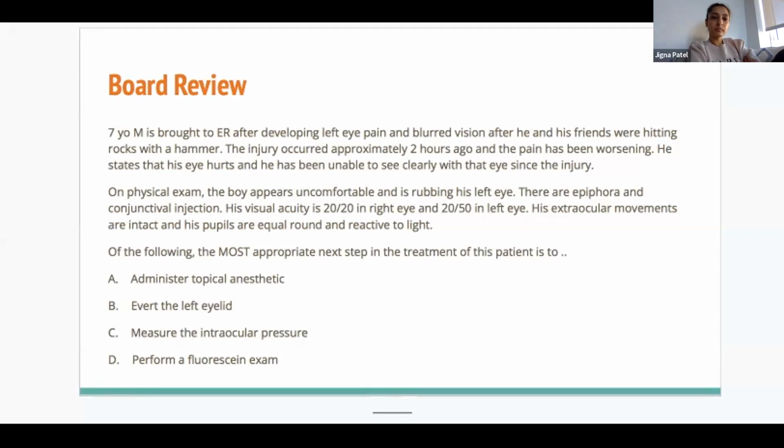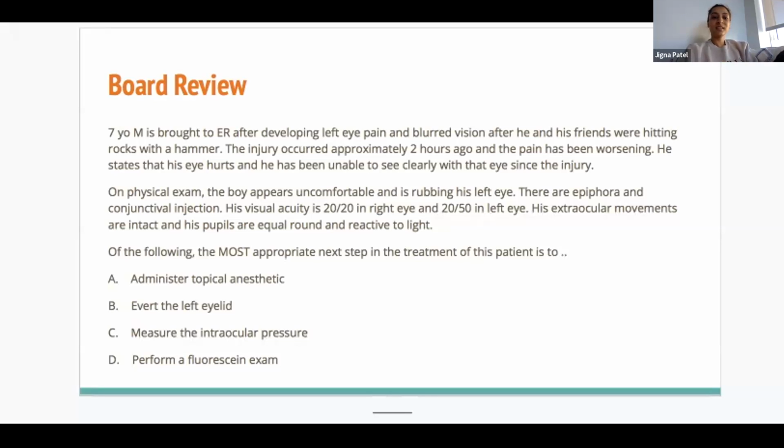I think the most concerning thing probably is a foreign body in the eye. So which answer choice do you think would be the most appropriate next step? A lot of these seem like an appropriate thing to do. I would probably start with an anesthetic so that you could do the rest of the things.